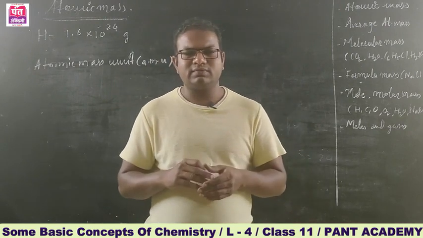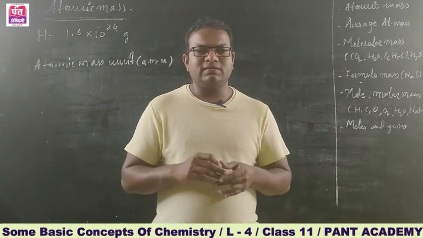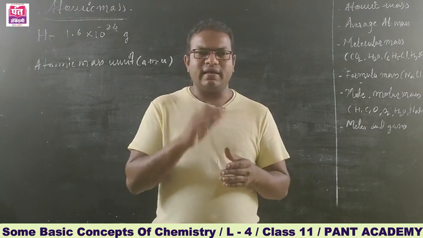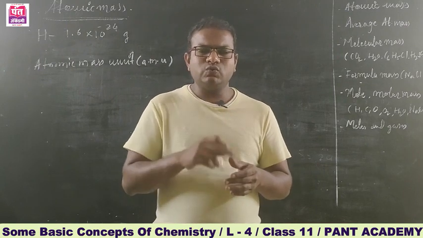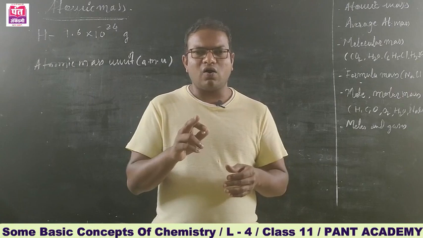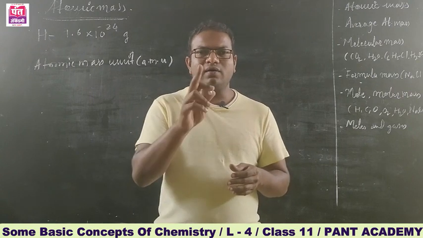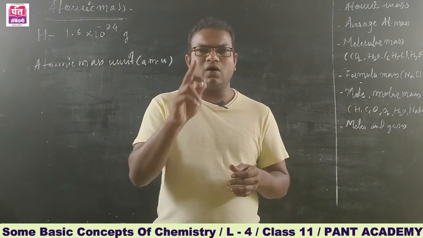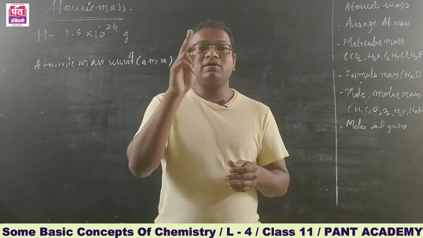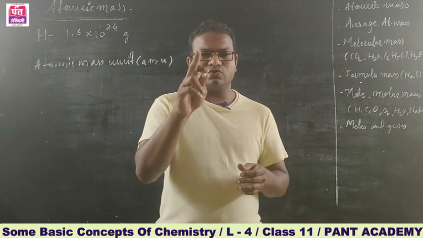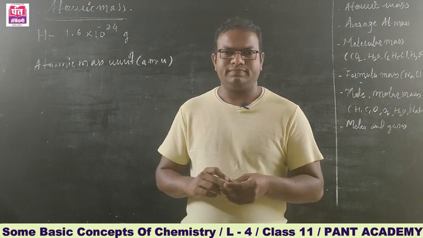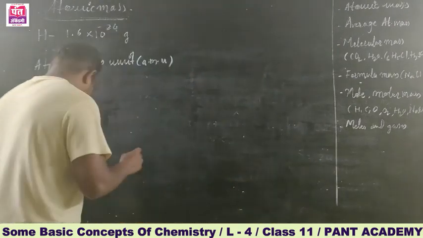What is atomic mass? Atomic mass is nothing but the mass of an atom relative to the mass of one carbon atom of carbon 12 isotope of the carbon. I will write over here.